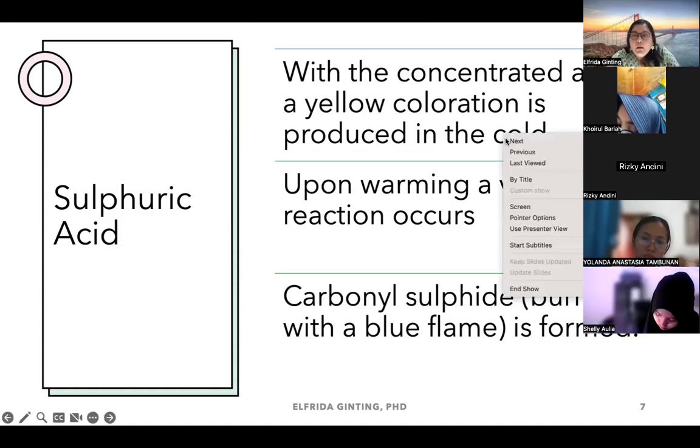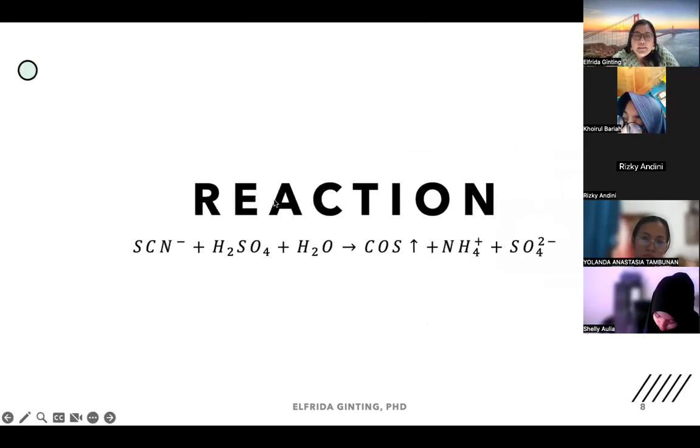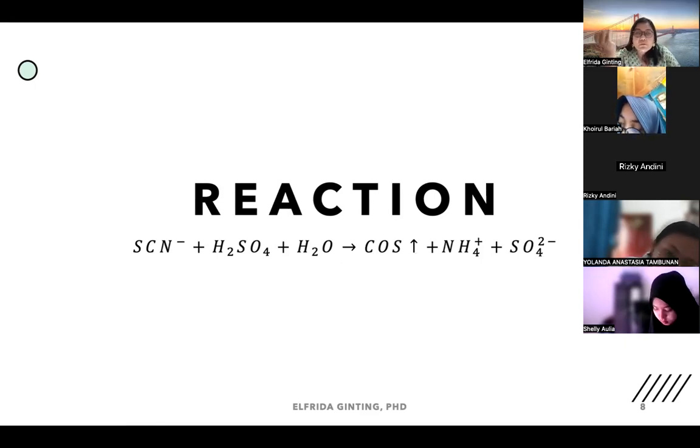Okay, now this is the reaction that we are talking about. You mix thiocyanate with sulfuric acid in the presence of water, right? And then you heat it up, you warm it up, and the carbonyl sulfide is forming. And the carbonyl sulfide is in the form of gas. That's why the reaction is violent, because maybe it will be bubbling up.